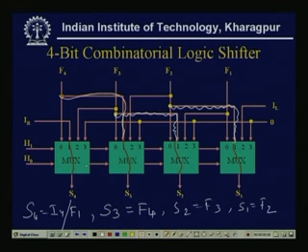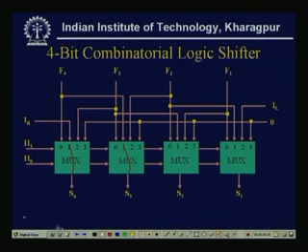Similarly, now if it is 1 0, for 1 0 the second input will be passed as output. Now, what is the second input?